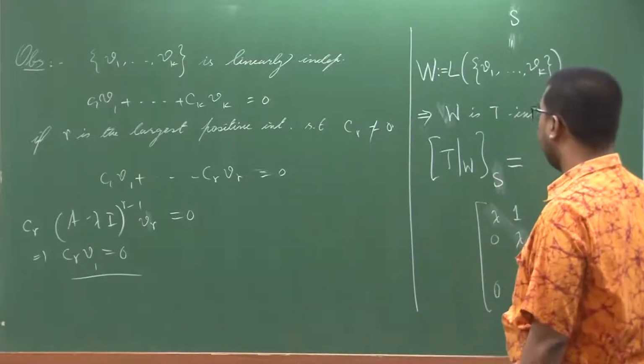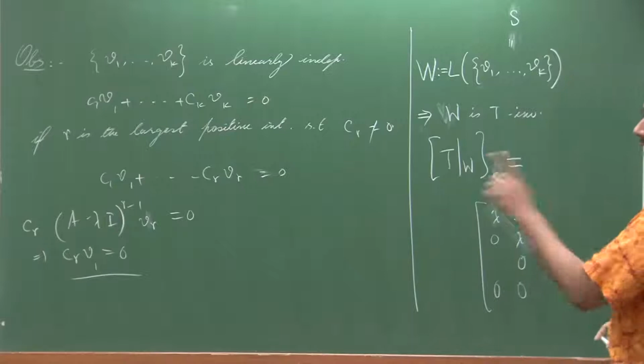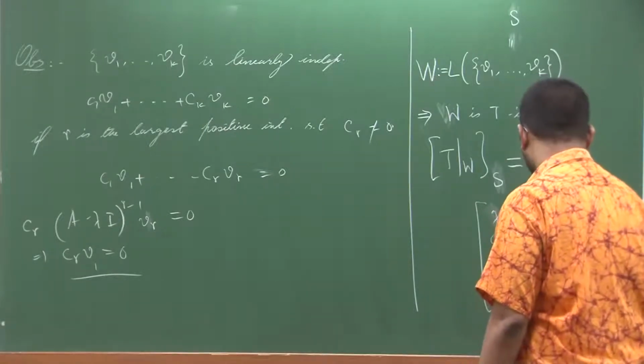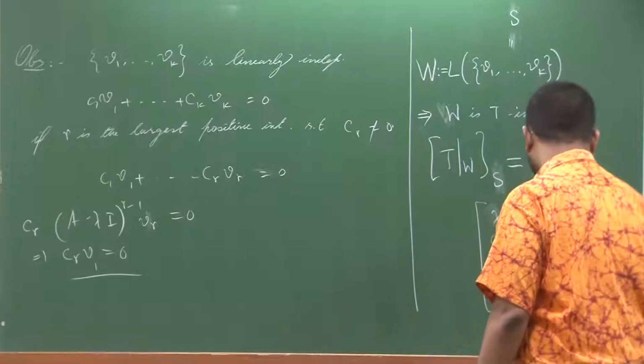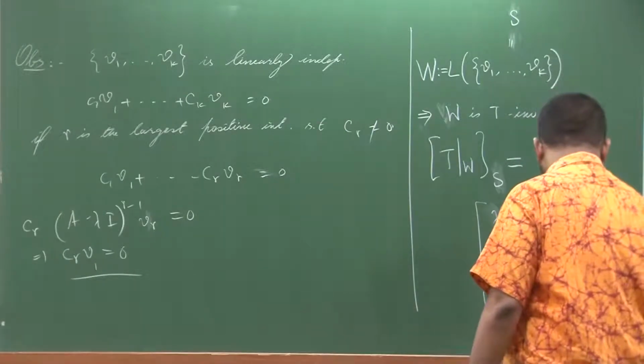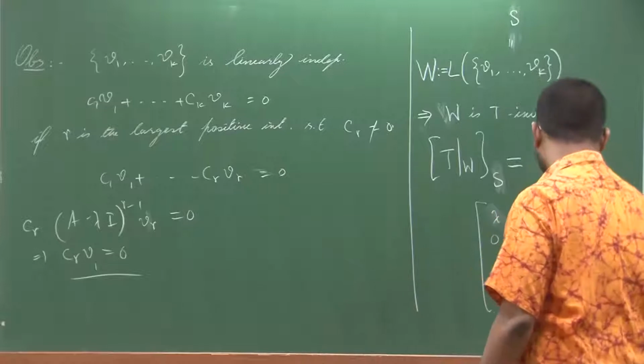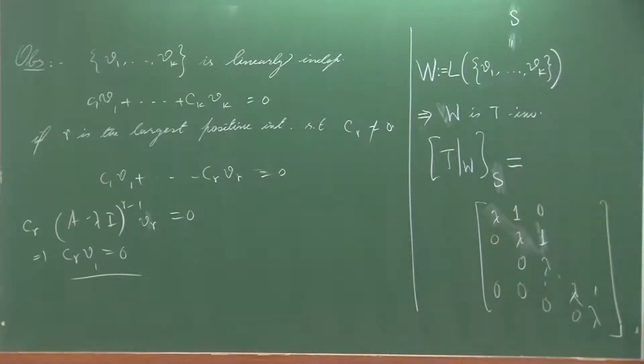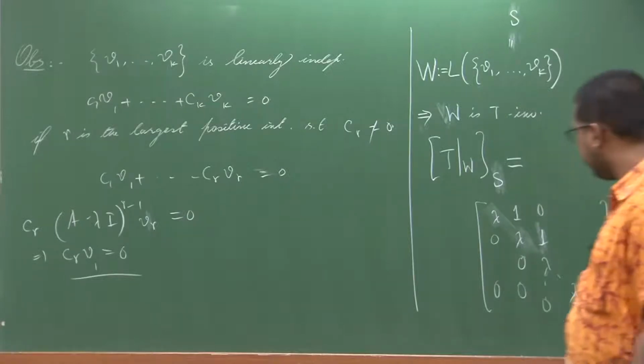Now, T v3 is lambda times v3 plus v2. So here I will have 1, 0, lambda, and then all 0. So you see we will have such a scenario. The matrix will look like this.